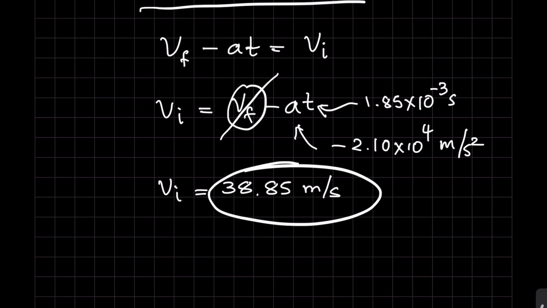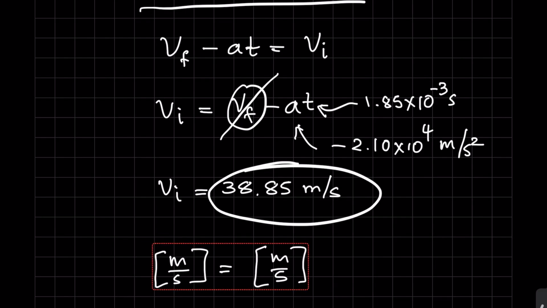And the other thing you can do to check if you did this correctly is to check on units, right? So velocity, standard units for velocity, I'll use these brackets to indicate the units we're dealing with, not variables. So meters per second, on the left-hand side of this equation, we should get meters per second, and that should equal, right, we have a final velocity, so that should be meters per second as well.